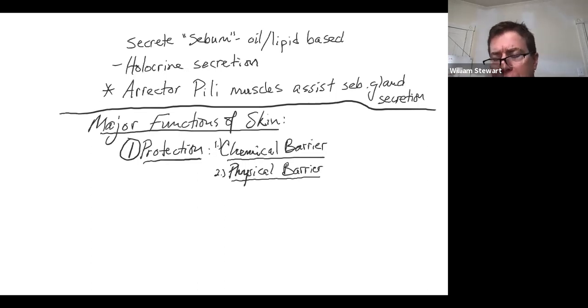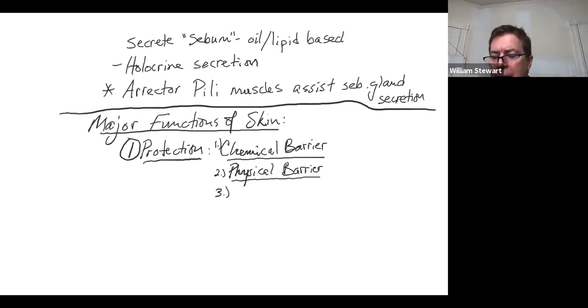In the stratum corneum, that provides almost an armor-like physical barrier. Don't forget the waterproofing glycolipids that the stratum granulosum secretes, which helps keep fluids out and helps keep our own body fluids in. So it's a separation physical barrier.